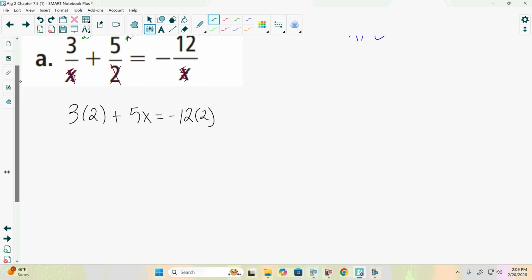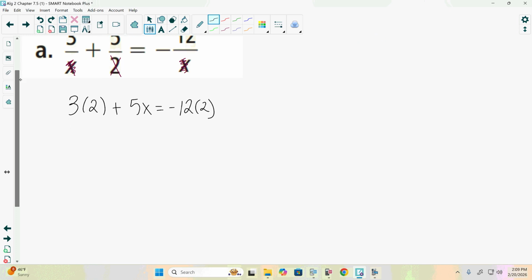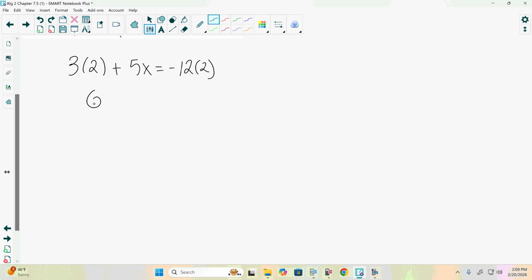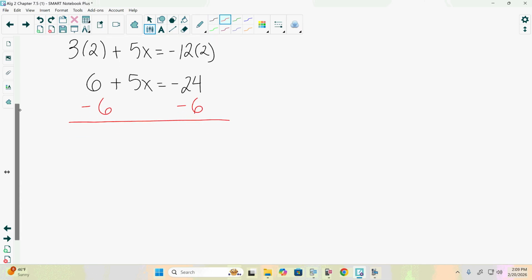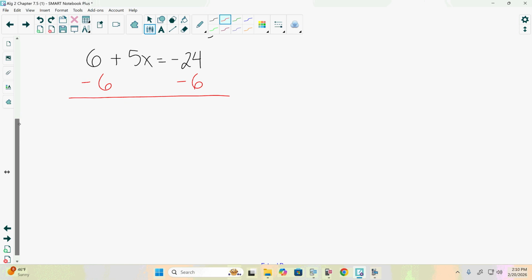Leaving us with 3 times 2 plus 5 times x is equal to negative 12 times. So we would subtract 6 first.